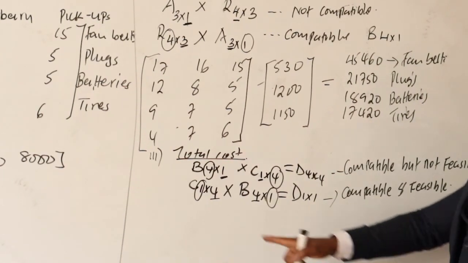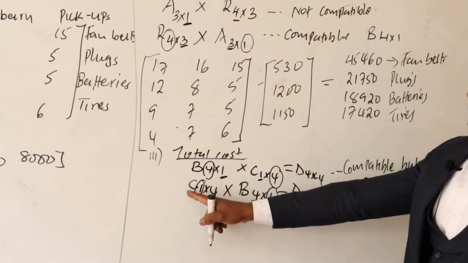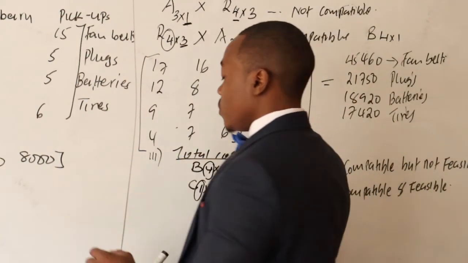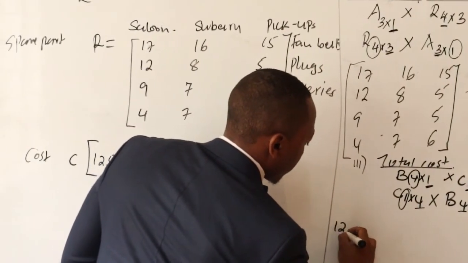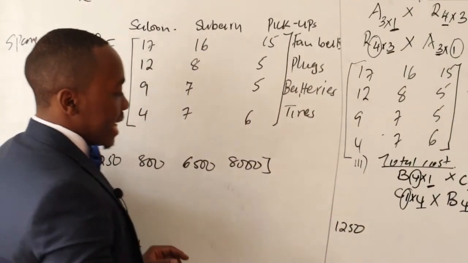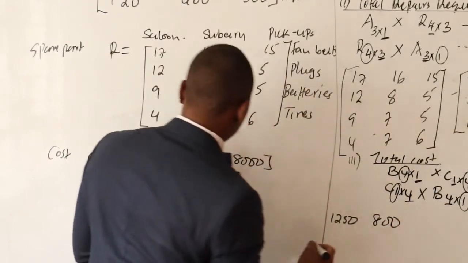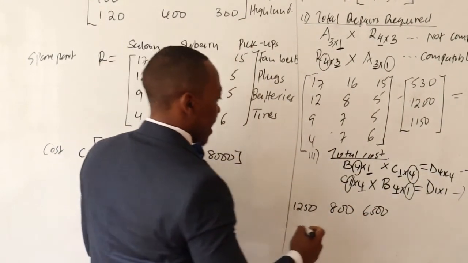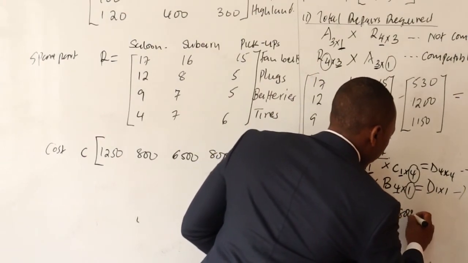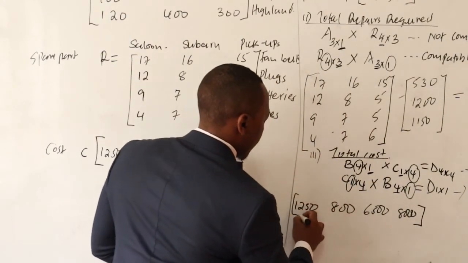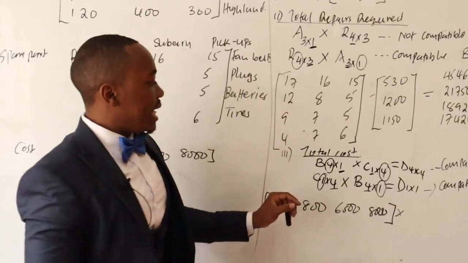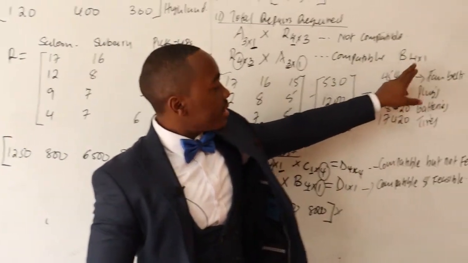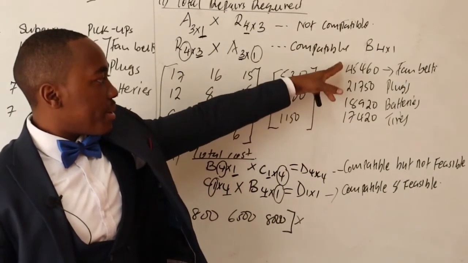So always start with C, which is our cost. You take our cost, which will be 1250, 800, 6500, and 8000, and multiply by B, which is what we have gotten here, the total spare parts required.